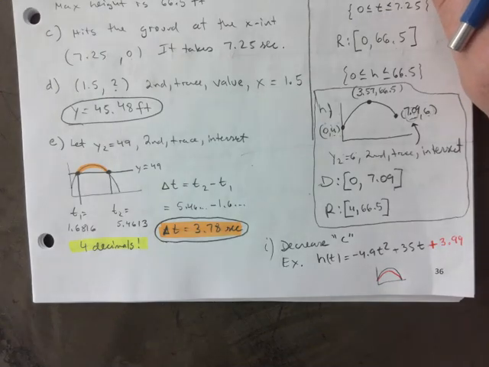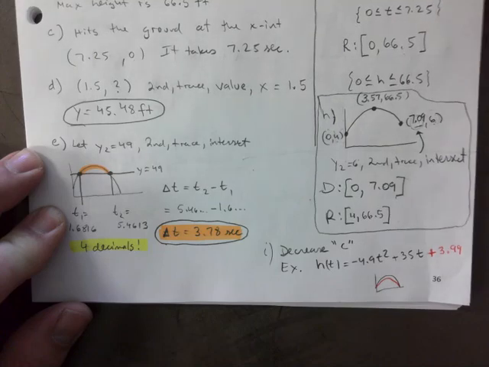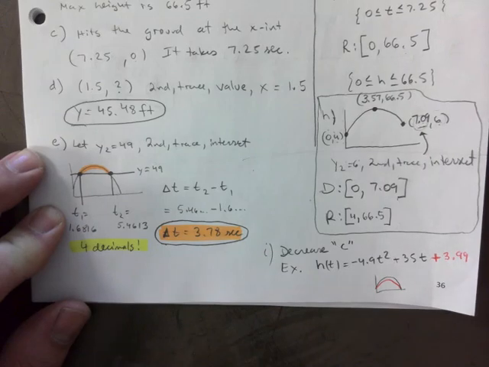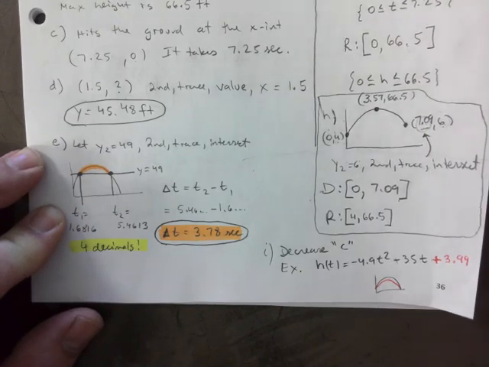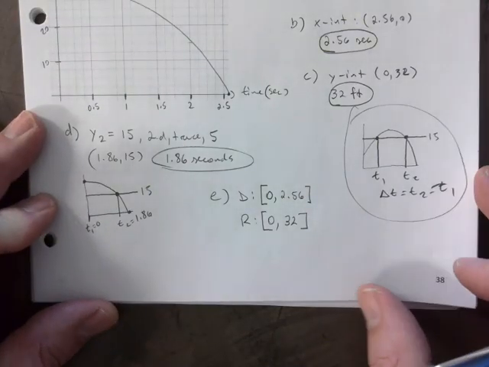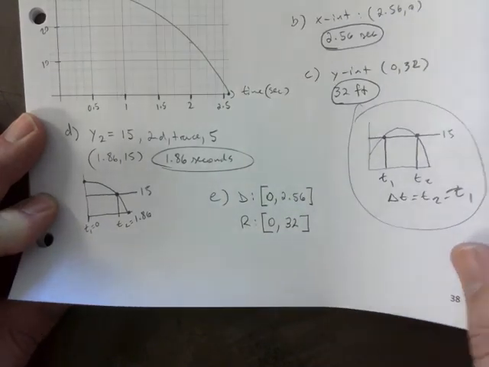I'm going to give you some class time to work on these, so you can ask questions as you're working through them. I assigned pages 38 to 39 after yesterday's lesson. So if you didn't do either of them, 38, 39, then you now need to keep going on 39.